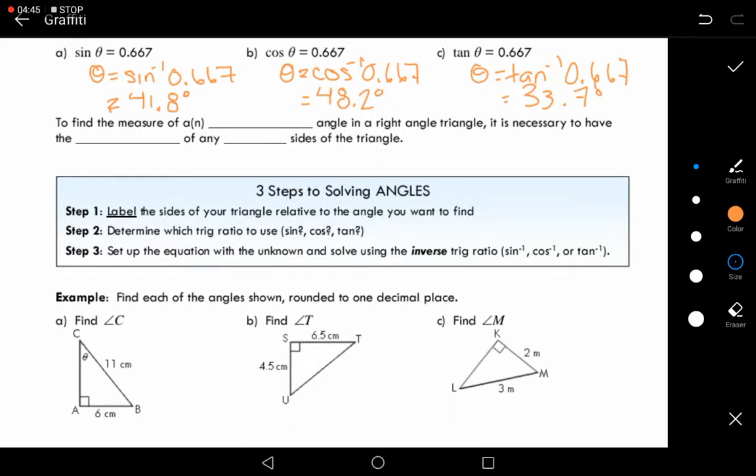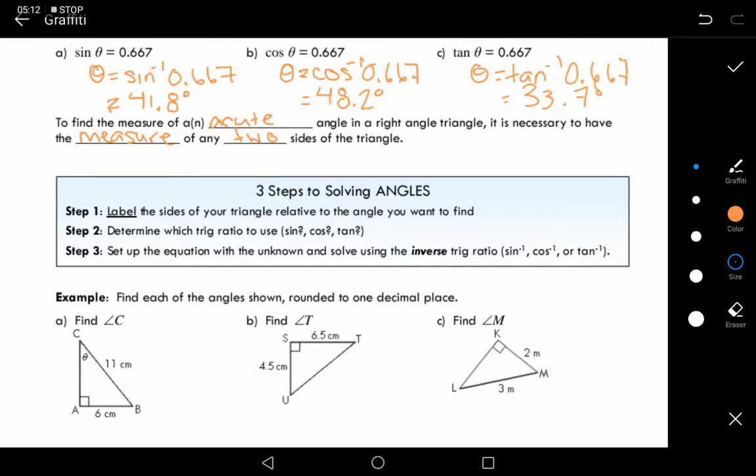All right, so to find the measure of an acute angle in a right triangle, it is necessary to have the measure of any two sides of the triangle.